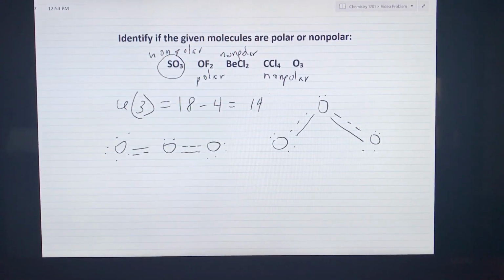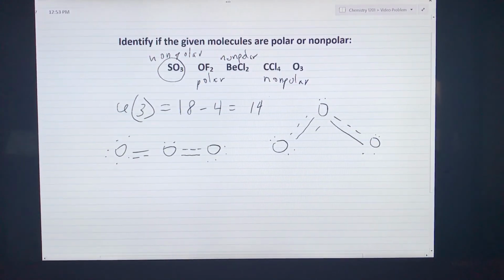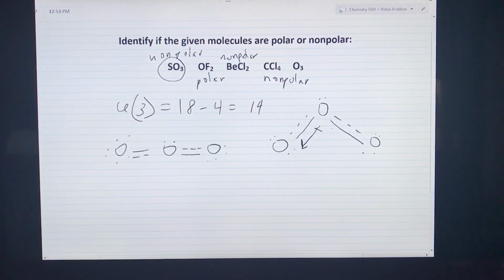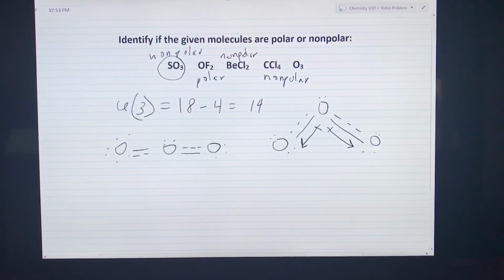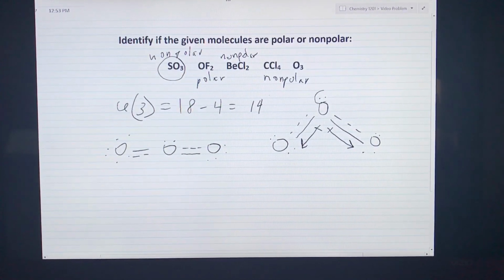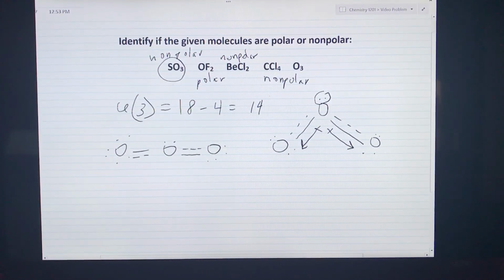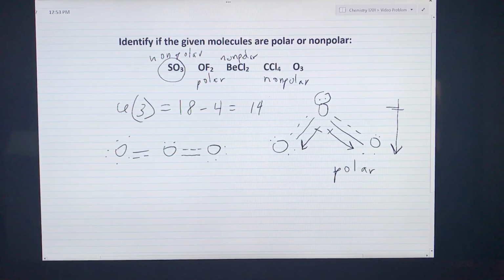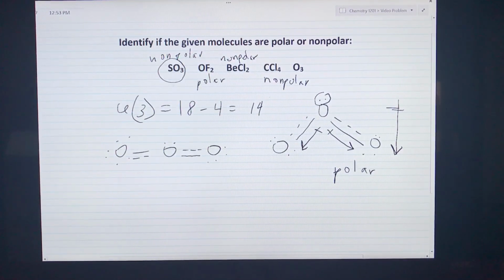And the dipoles will be pointing down here, and due to the non-bonding electrons at the top, the net dipole will be pointing down, so it would be polar due to the net dipole. And all the domains are not equivalent, so it will be polar.